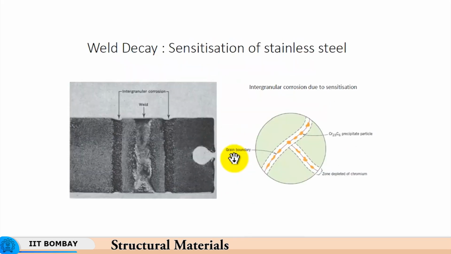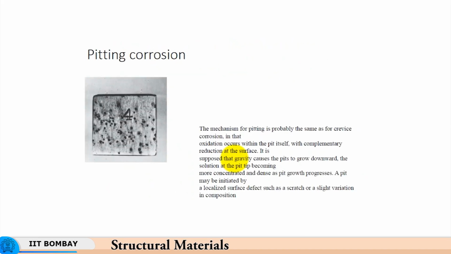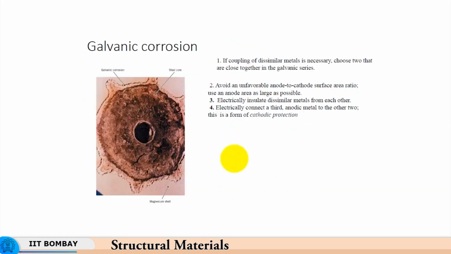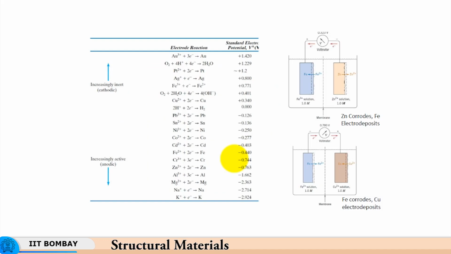So, we have seen different types of corrosion and corrosion protection methods, and it is possible to minimize the degradation, although it might not be possible to completely avoid that degradation.